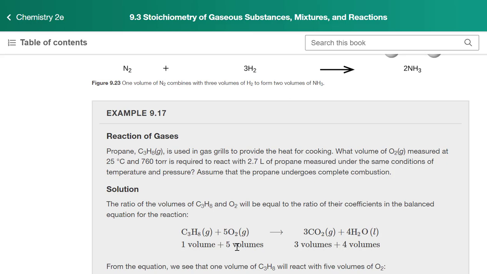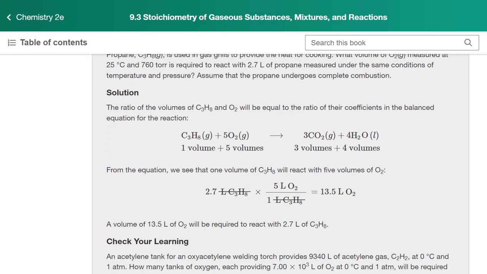So that much. And over here we have 3 volumes plus 4 volumes of the products. And we're saying that the propane completely reacts, so that will be all the way gone. And we're looking for the volume of oxygen at those temperatures necessary to react with the volume of propane that is provided there.